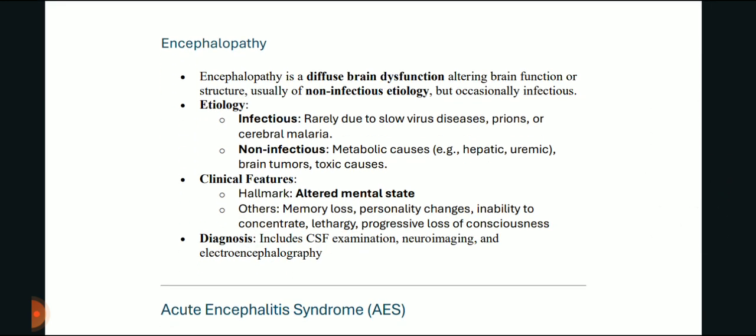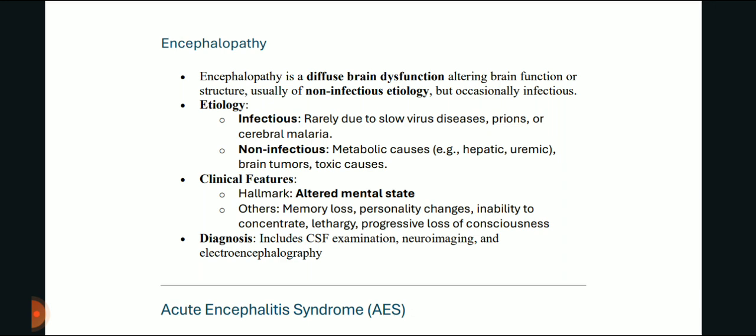Now, what is encephalopathy? Encephalopathy is diffuse brain dysfunction altering brain function or structure, usually of non-infectious etiology. Encephalitis is infection of the brain parenchyma, while encephalopathy is diffuse brain dysfunction of non-infectious etiology. Occasionally, it can be infectious as well.